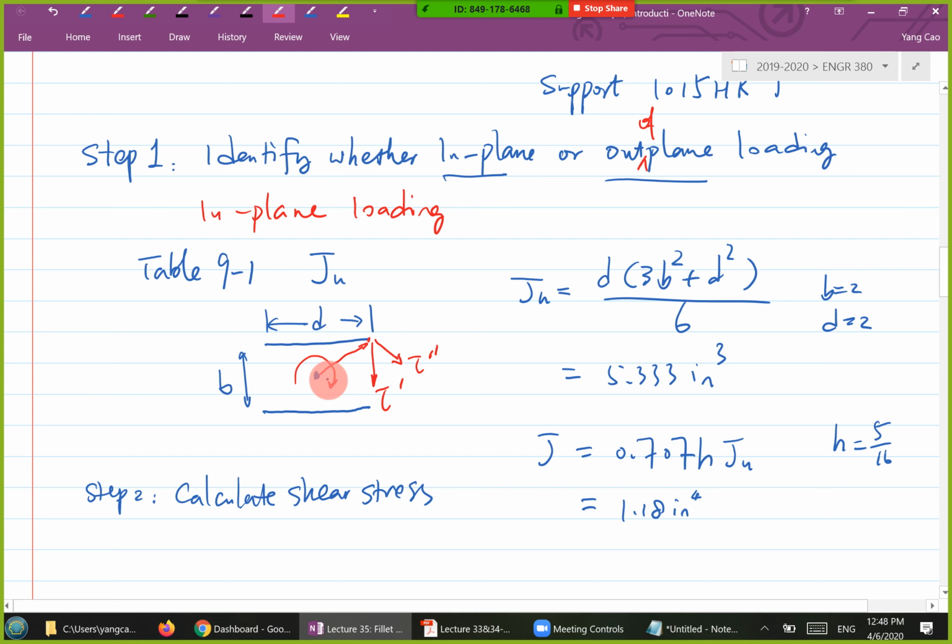As you recall, instead of getting tau double prime directly, we separate it into two components. We call one tau double prime x, and the other one over here, tau double prime y. So there are two components for the tau double prime. Then we calculate tau x double prime and tau y double prime based on one of these distances here, and the other one is this distance. I'm going to write at the bottom here.